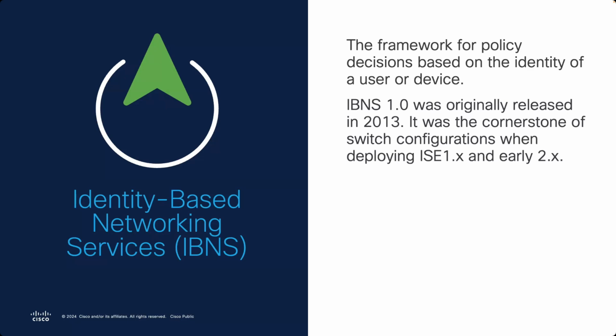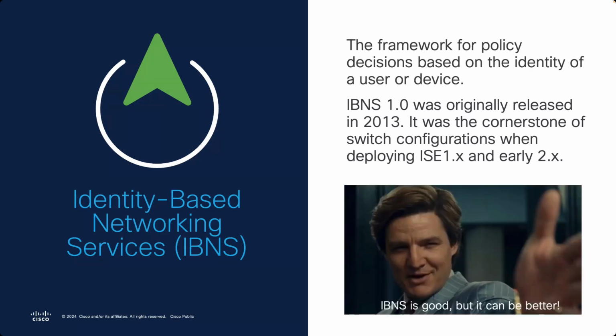It gave us authentication with 802.1X, MAB, WebAuth, and so it was the main way to configure switches when deploying earlier versions of ISE. And so then IBNS 2 came out because it can be better.